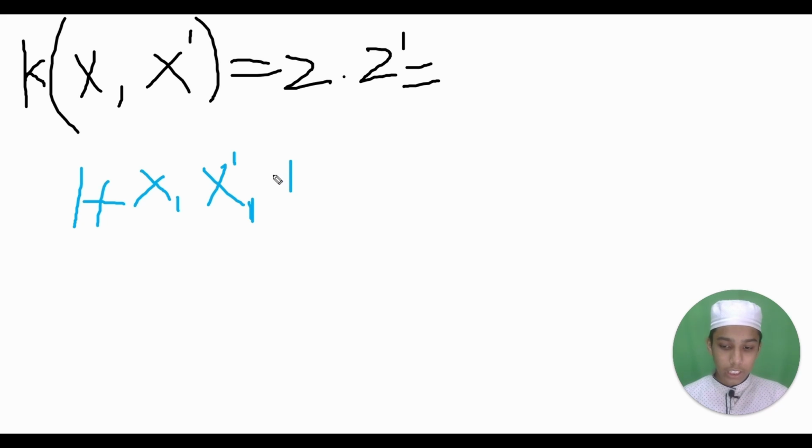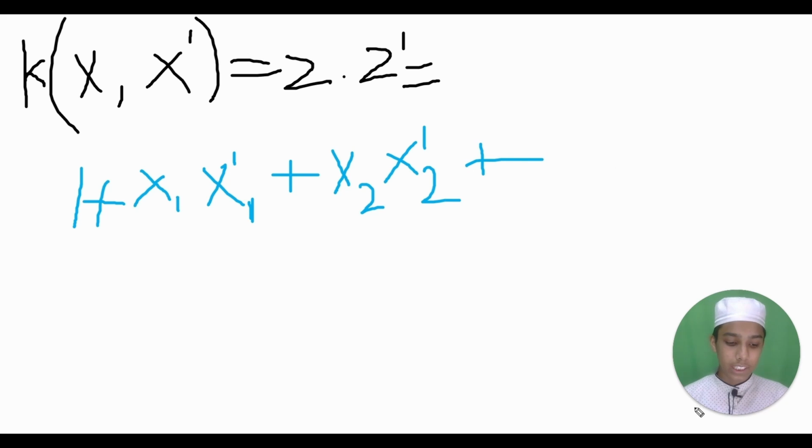Then we do plus again, x2 times x2 prime, and then we do the plus again. This is going to be a longer formula, so I'm going to pause the video and write all of these things, so that it will be understandable and I'm not wasting time on the video.